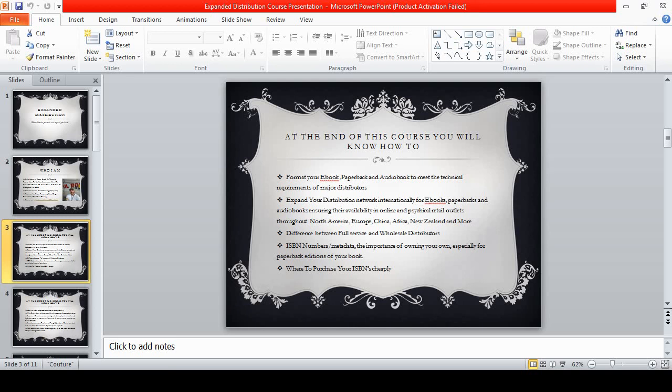We're also going to get into the difference between full service and wholesale distributors. Full service distributors are more for the traditionally established publishing companies. They offer not only distribution, but also a dedicated sales team that will call retailers for you, send them your one sheet, and we'll get into what a one sheet is later, and market your books to them so they will buy a certain amount on consignment.